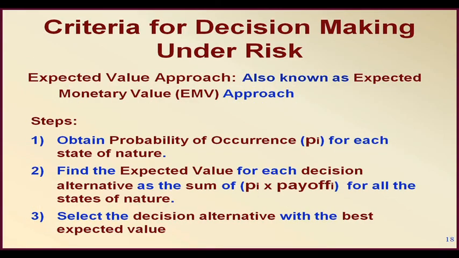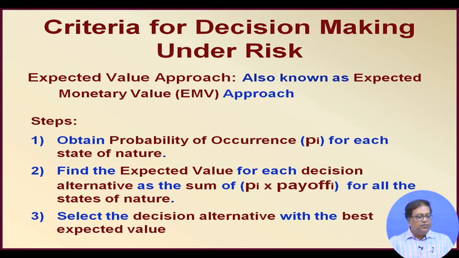So, when it comes to that kind of situation, we call it the expected value approach, also known as the expected monetary value approach. Either we call it the so-called expected value approach, or sometimes we can also call it the rational decision maker or expected monetary value.